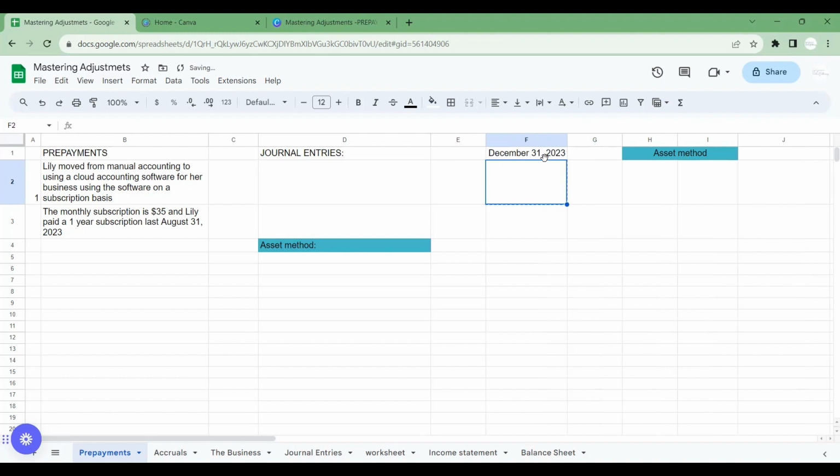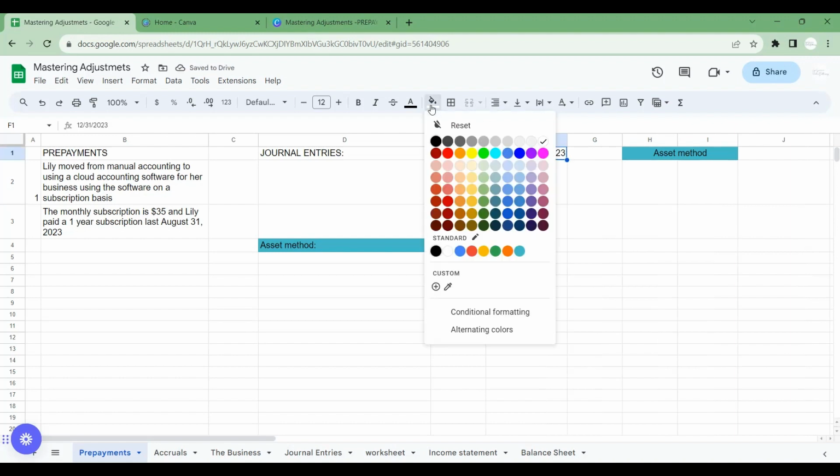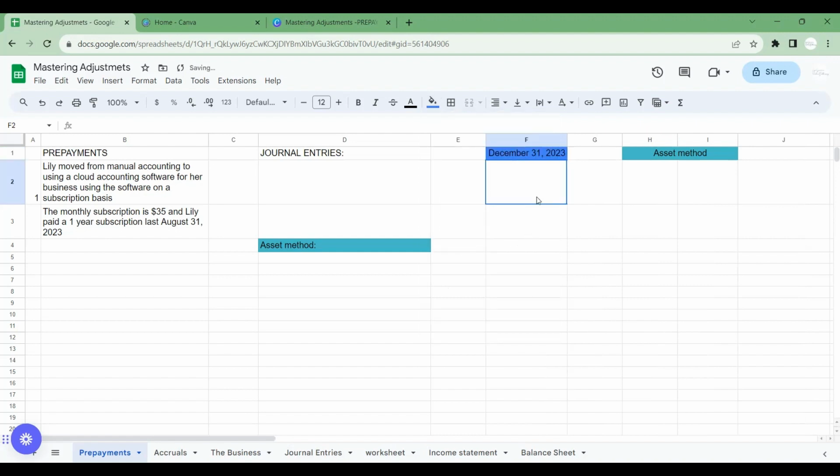Please bear this in mind as we go along with our example. So on August 31, what's the journal entry when Lily paid the cloud accounting software subscription for a 1-year subscription?